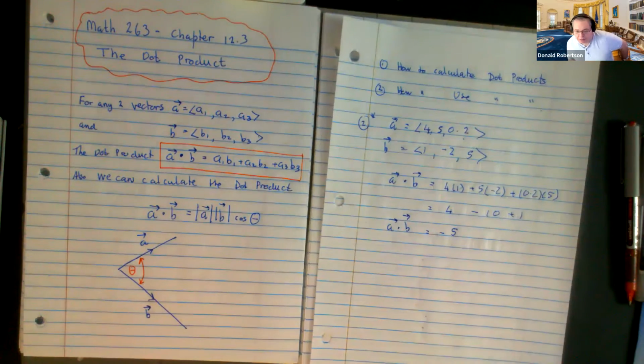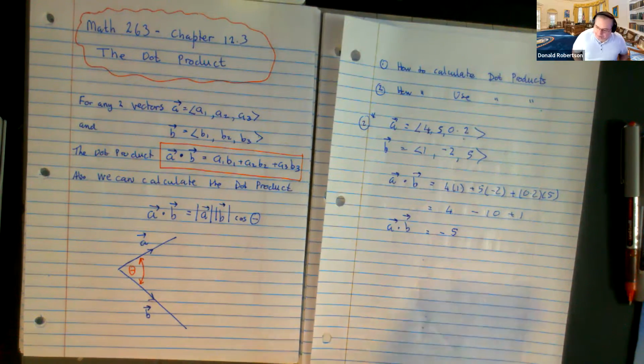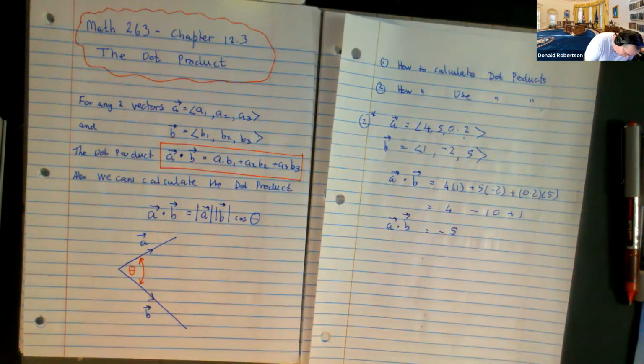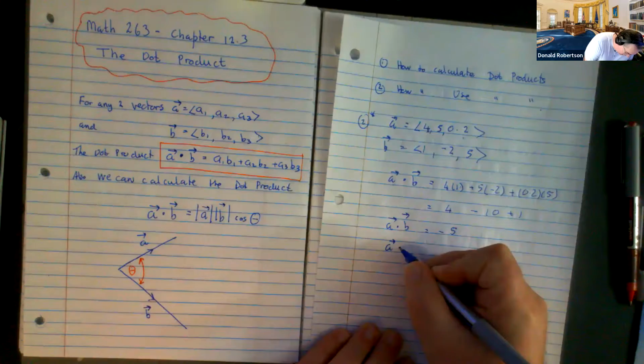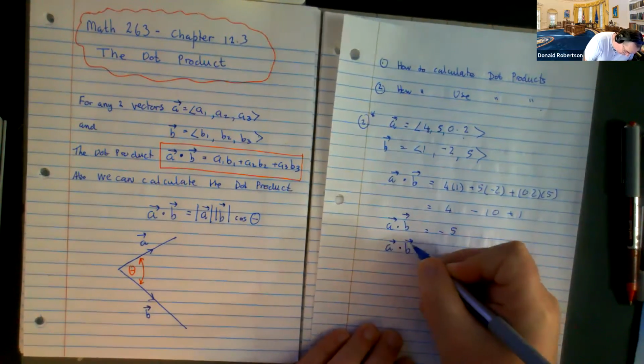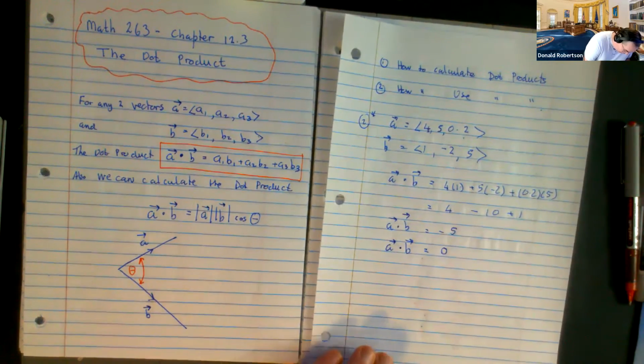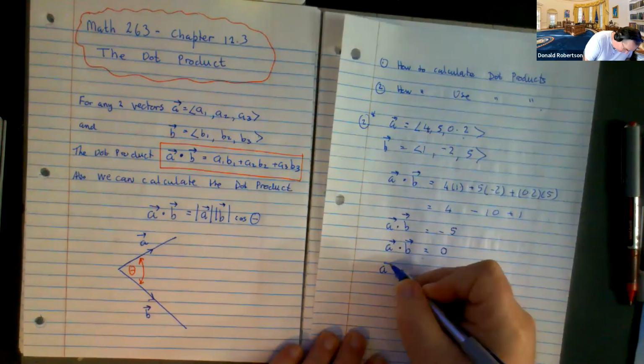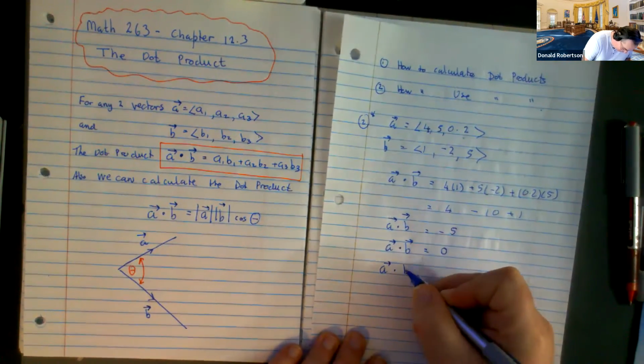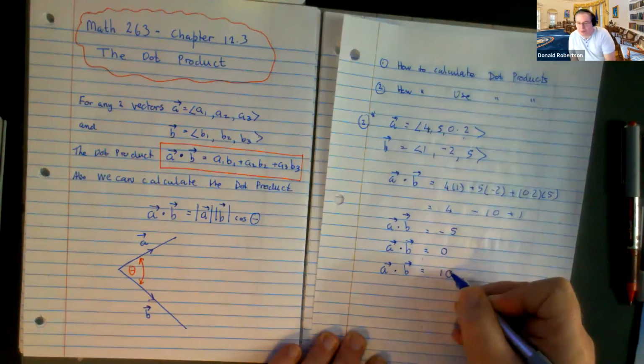So you can, and sometimes do, get dot products that are negative. Here's an example of one. You could get a dot product of 0, which is very interesting. And of course, you could get, as the third alternative, a dot product as a positive number.